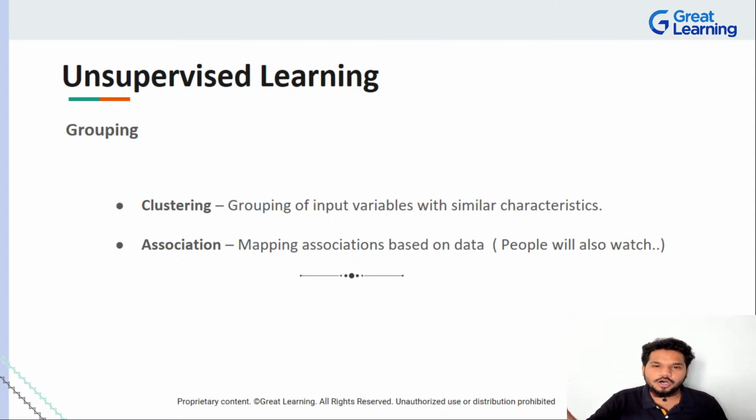If you're listening to a song or in fact watching one of our videos, the next recommended video will also be of something similar. How does YouTube know? How does Netflix know? How does Amazon Prime know, or whatever, right? They use unsupervised learning to learn here, and that is how they can say, hey, if people have watched Brooklyn Nine-Nine, that's a TV show, people might also watch something like Schitt's Creek, right?